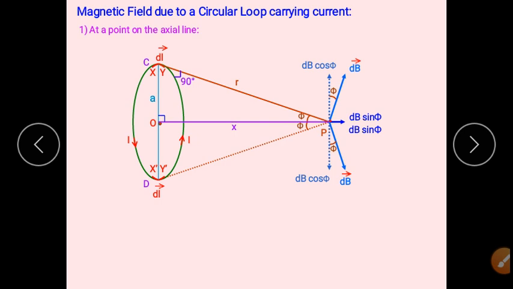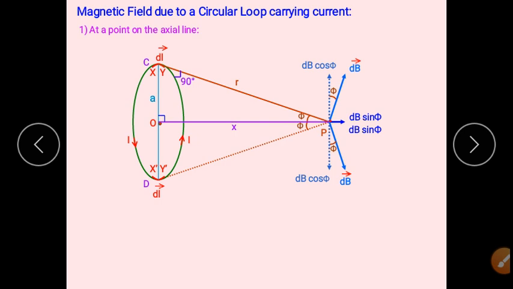But if we consider any small current element, we can see another element just on the diametrically opposite side of it, such that these two elements will produce magnetic field in opposite directions.